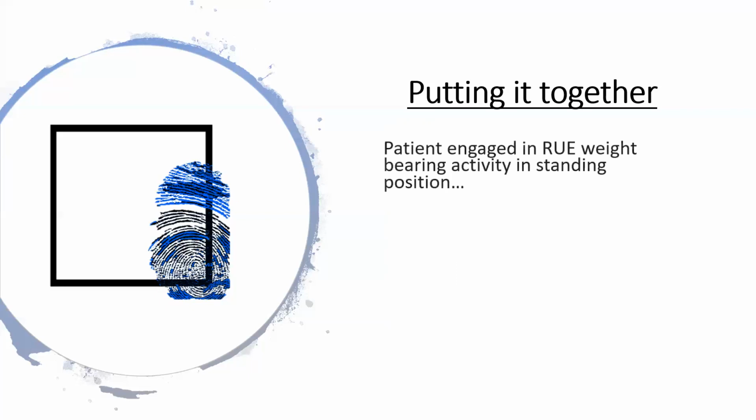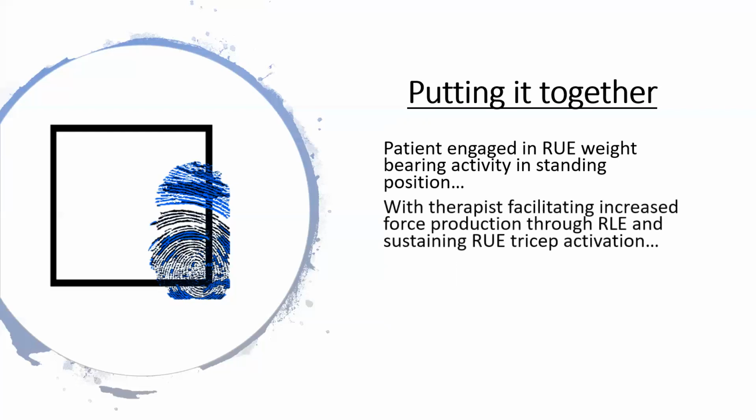So what did the patient do? The patient engaged in right upper extremity weight-bearing activity in a standing position. Okay, and then what did I do as the therapist? As the therapist, I facilitated increased force production through the right lower extremity, and I also facilitated and sustained right upper extremity tricep activation.